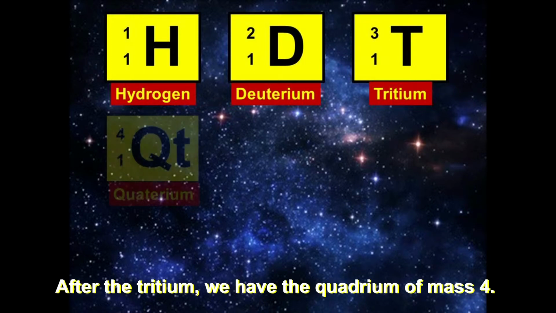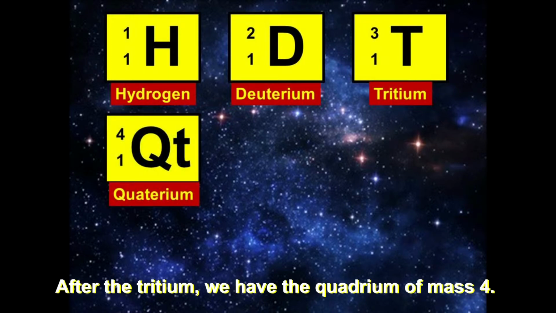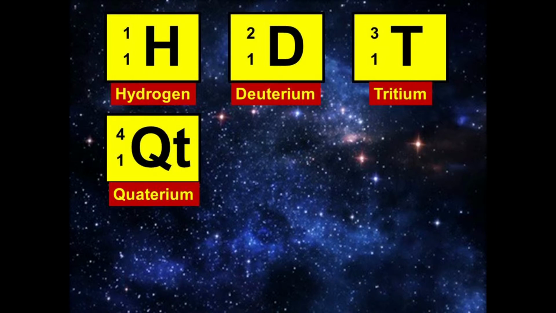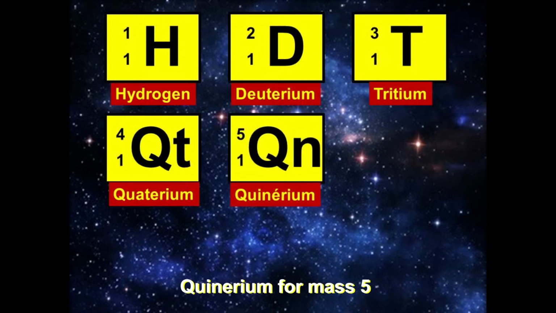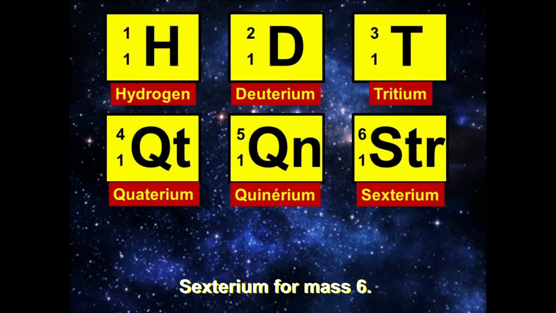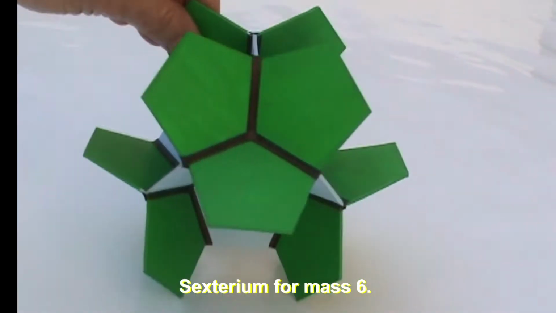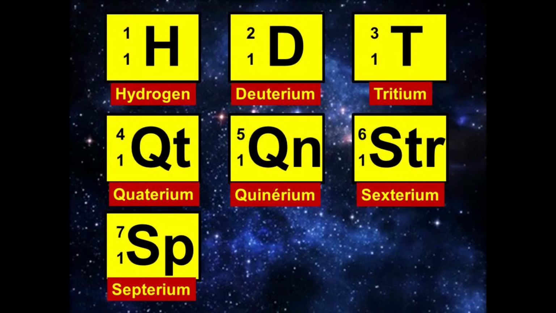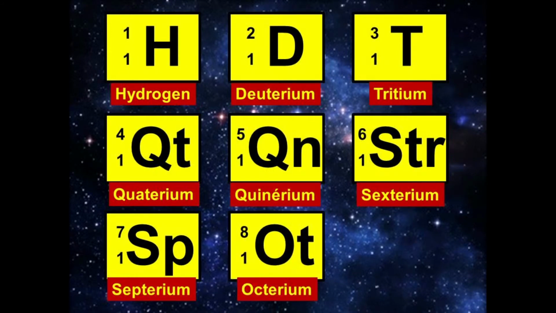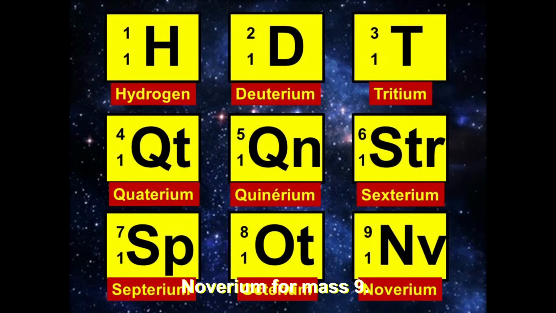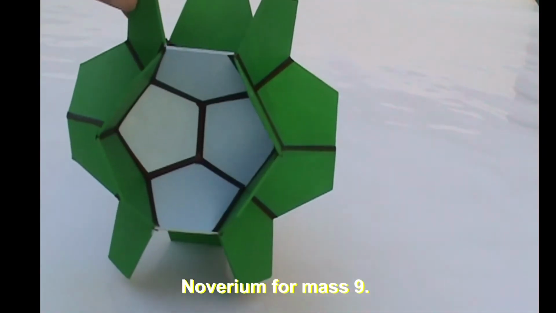After tritium, we have quadrium of mass 4, quinarium of mass 5, sextarium of mass 6, septarium of mass 7, octarium of mass 8, novarium of mass 9.